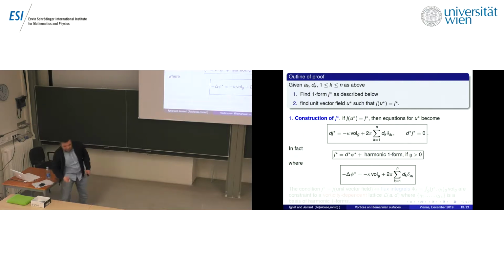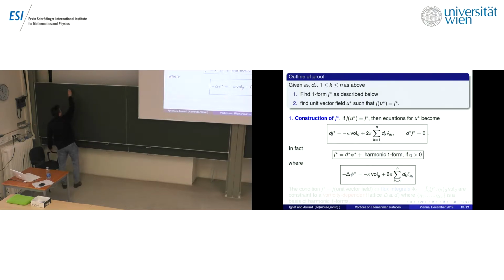And this is the cohomology, that is the dual of homology. It tells you that these harmonic one forms form a space of dimension 2G, where G is the genus.